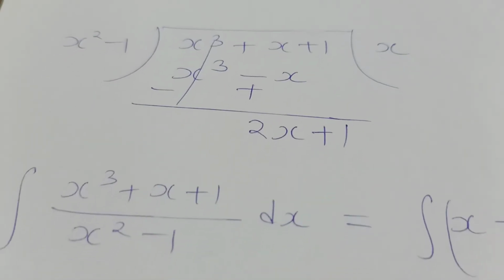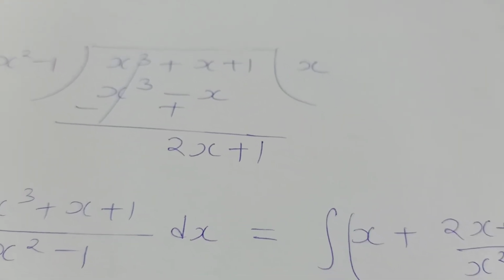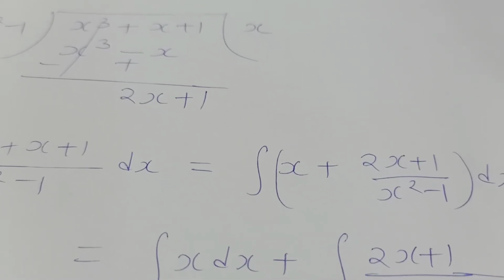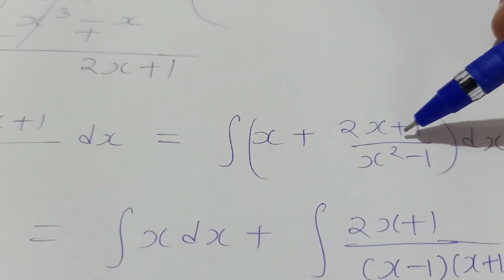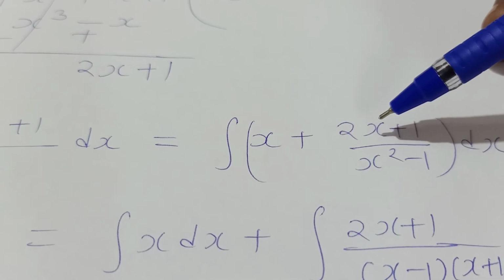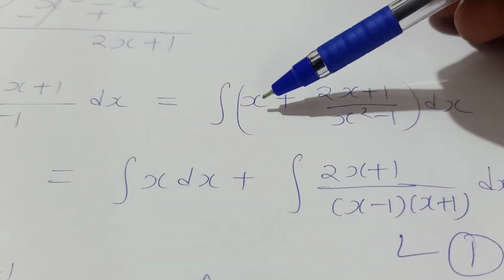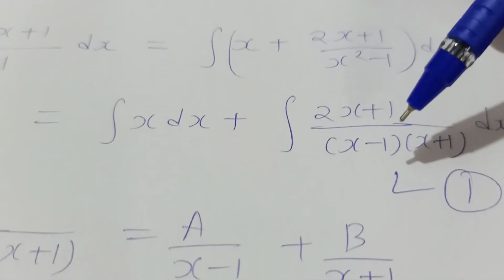So we can write the given integral as x plus 2x plus 1 upon x square minus 1. Here you can see that now this function is proper, because the degree of the numerator is less than the degree of the denominator. Now this x can be integrated easily, and the other part we will do by using partial fraction.